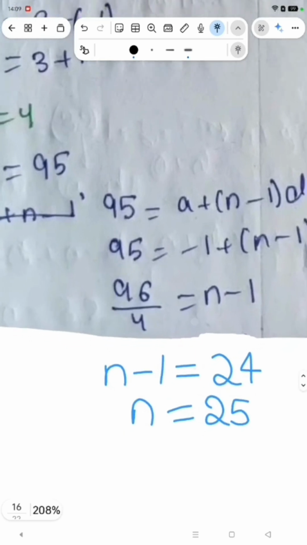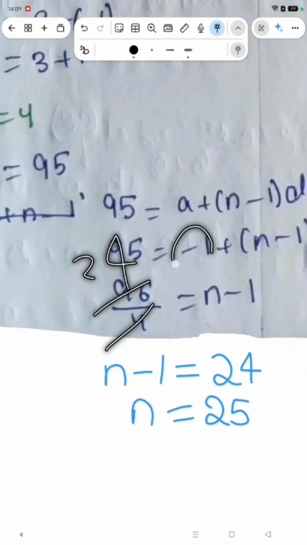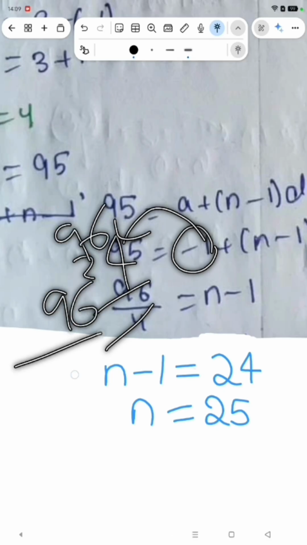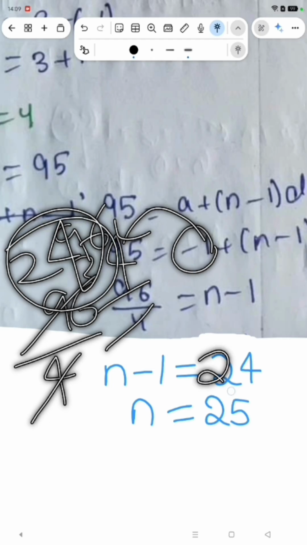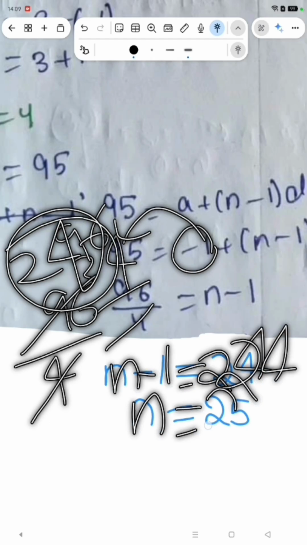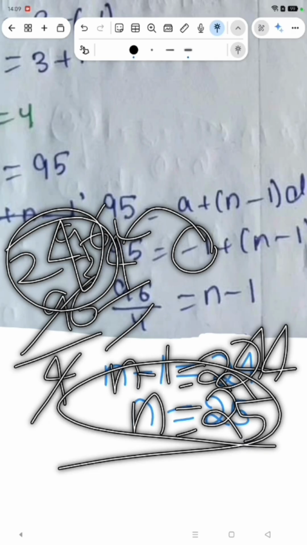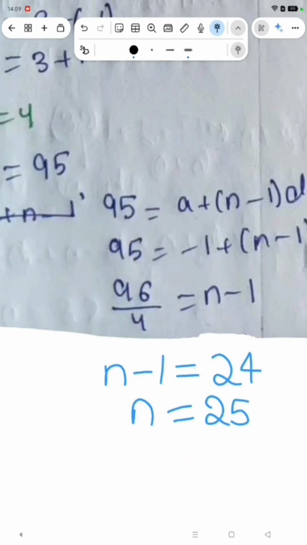After calculating this, minus 1 goes to the other side, so 96 upon 4, it will be 24. So n minus 1 equals 24. So n equals 25. Your final answer, the value of n, is 25.